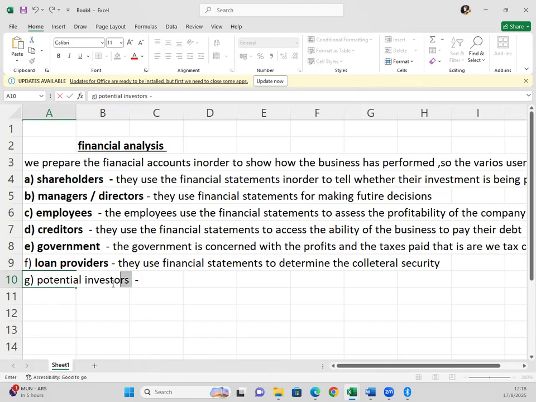They want to assess whether the company will give them the required return on investment.